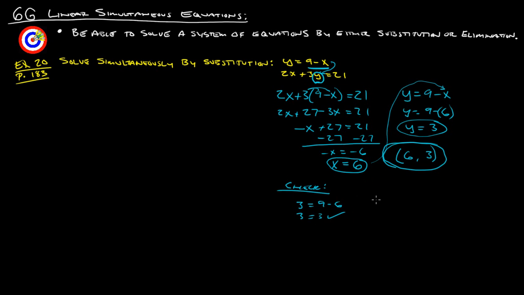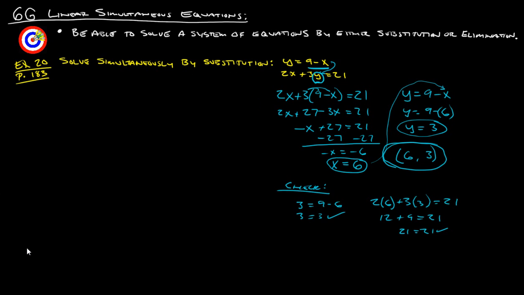Let's double check to make sure that it works in the other one also. 2 times x, which in this case is 6, plus 3 times y, which is 3, should equal 21. So that's 12 plus 9, and 12 plus 9 does in fact equal 21. So now you know you have this one right because we double checked it. Okay, so that's solving by substitution.